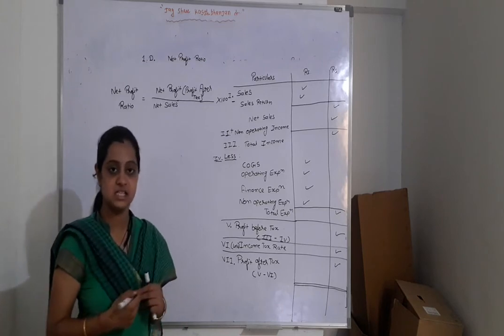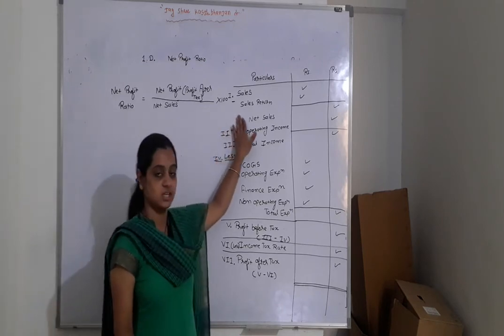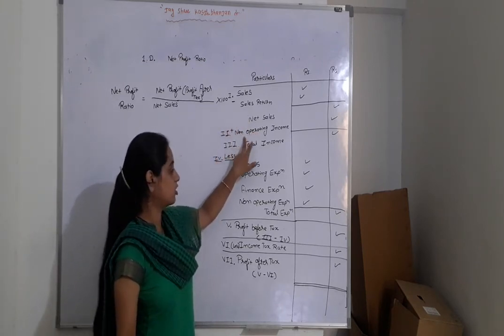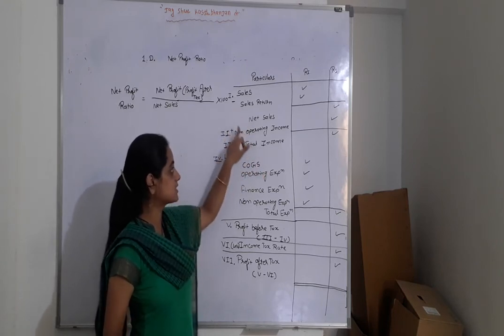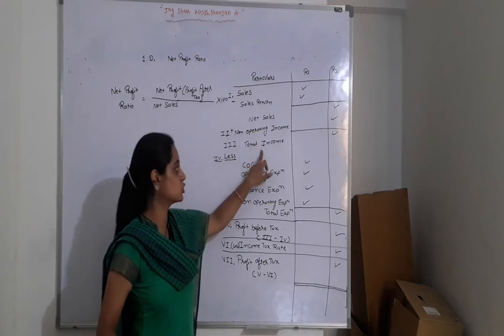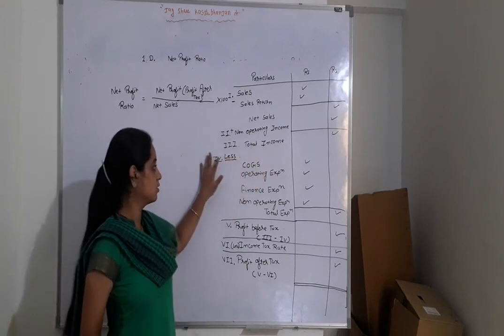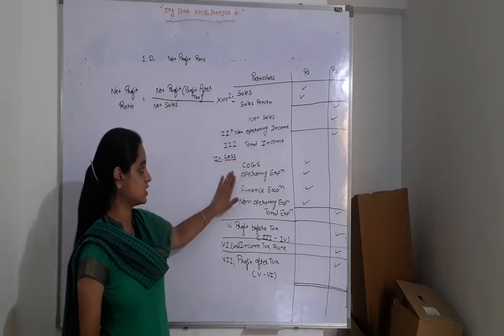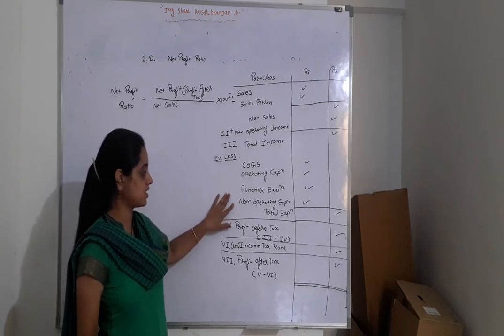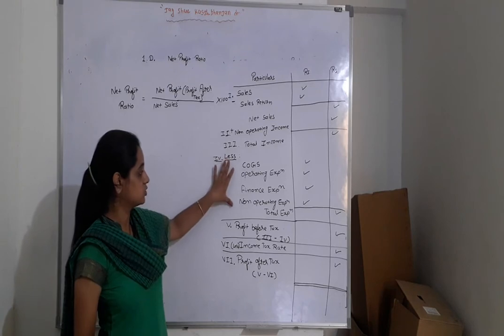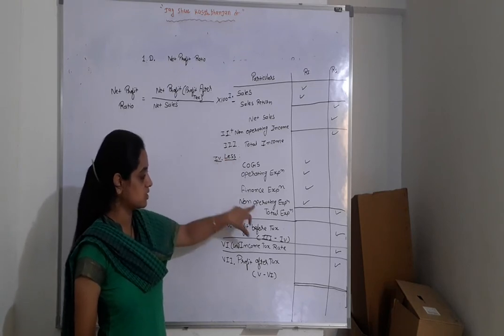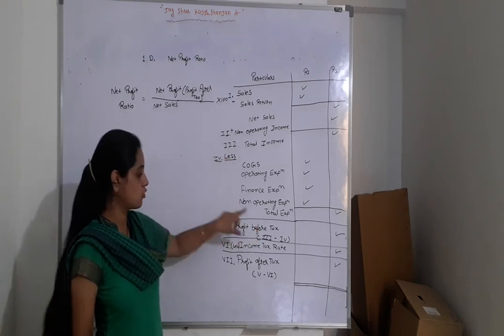Okay, I am explaining again. Sales minus sales return, which means we'll get net sales. Then non-operating income, that means 1 plus 2, sales plus non-operating income is equal to total income. Then we have to subtract COGS, operating expense, finance expense and non-operating expense from total income. So total of this 4 expense is total expense, that is 4th.